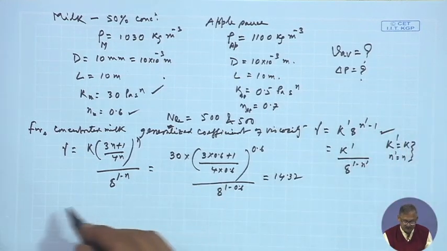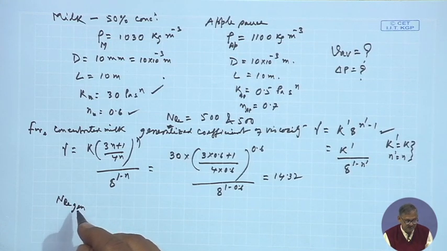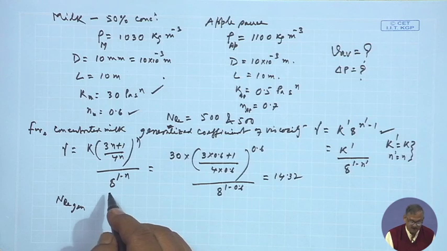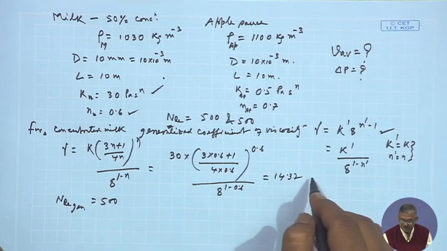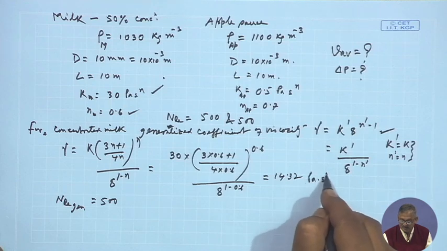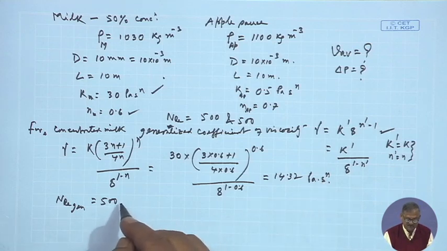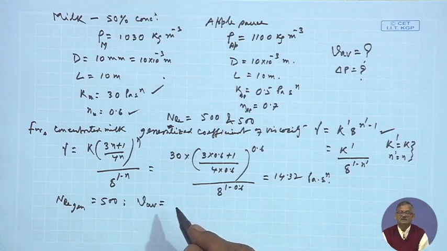Now, energy general is given as 500. So, it is 14.32 Pascal second to the power n, right. So, if energy general is given for 500, then we can write the average velocity V average, right.